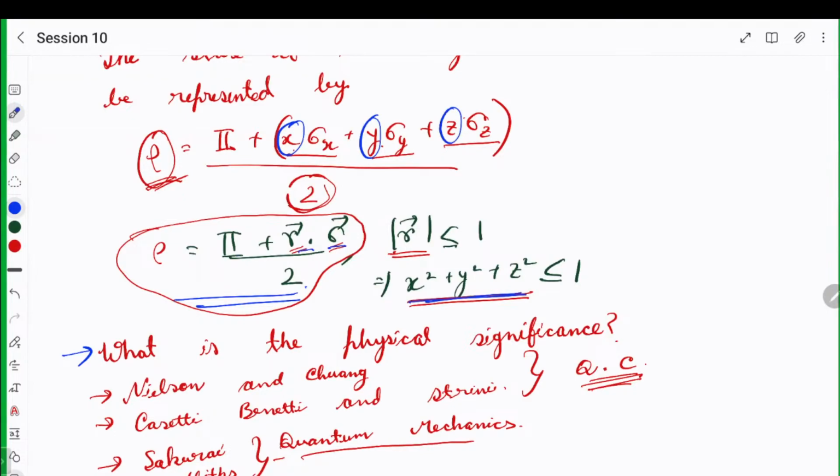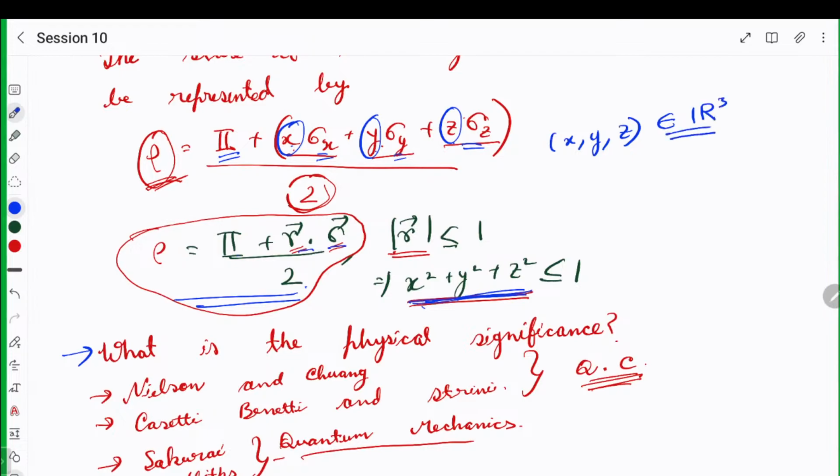Identity, sigma x, sigma y, sigma z are constants; they are not going to change. The only parameters you can tune are x, y, and z, which follow a certain relation. Since these are real numbers, x, y, z is a member of the real space R3.